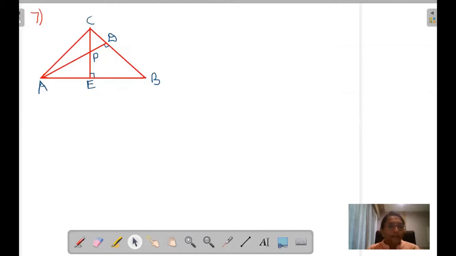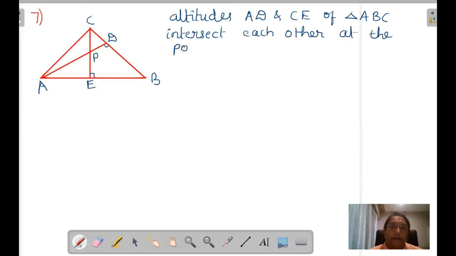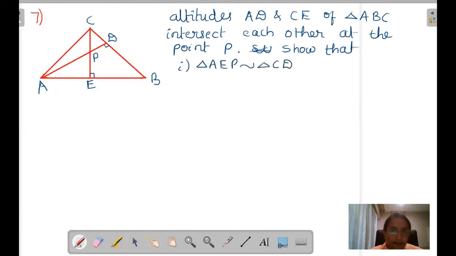In this question, it is given that in the figure, altitudes AD and CE of triangle ABC intersect each other at the point P. Then show that, first one, triangle AEP is similar to triangle CDP.